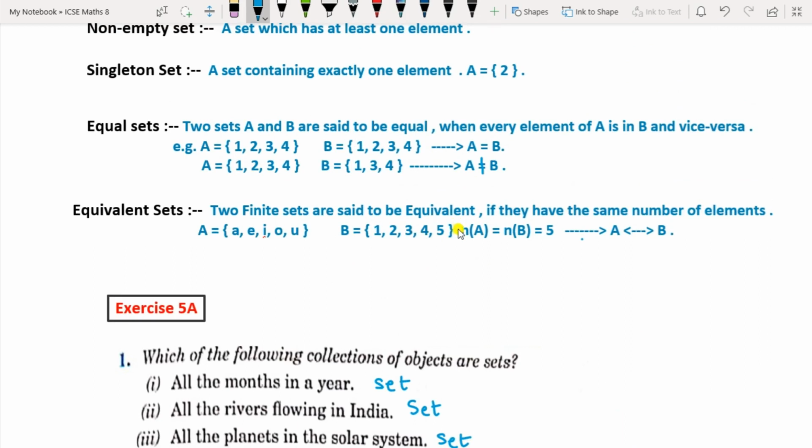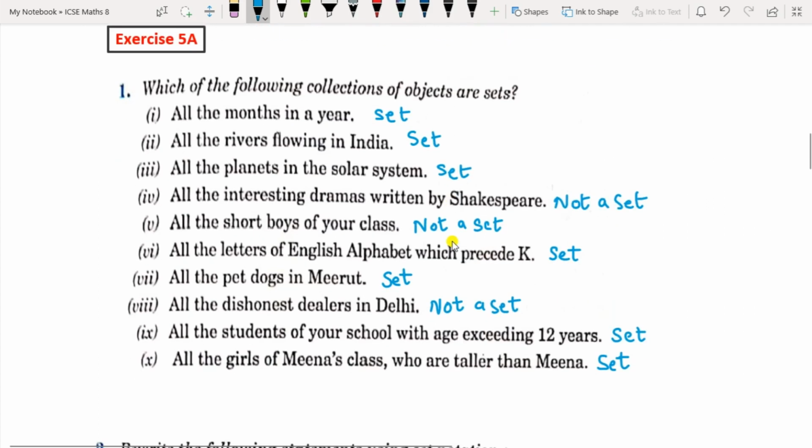Let us move on to exercise 5A. The first question: they are given some sentences. You have to say which of them can be a set or not a set. First one is all the months of the year. Yes, of course, from January to December. So it is a set. All the rivers flowing in India. Yes, that is a set.